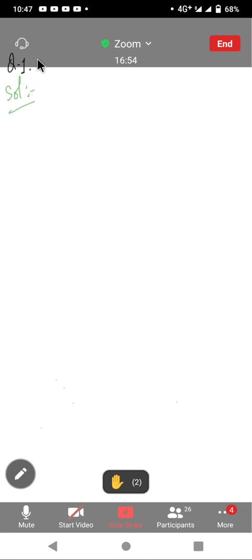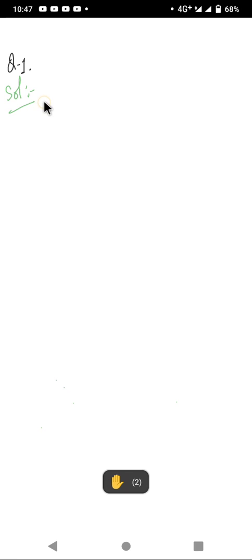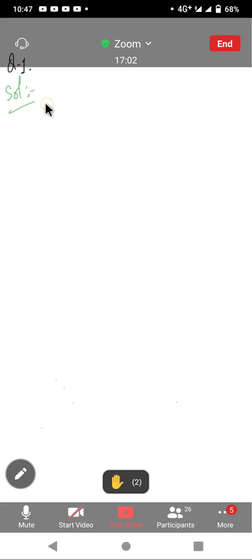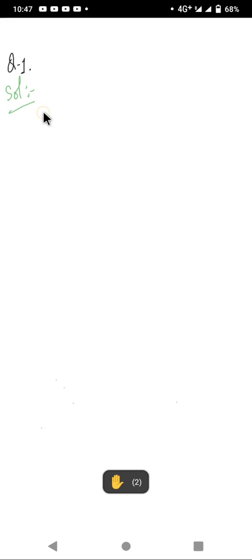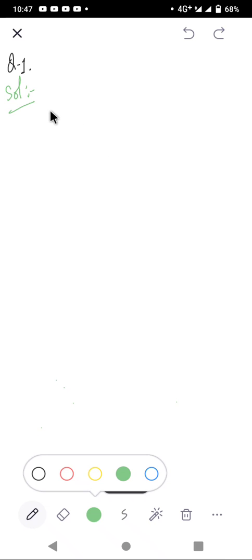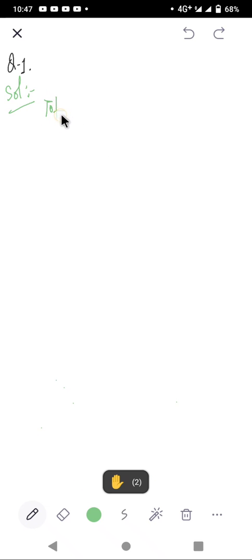So first we will write the total number of cards. How many? 65 cards. They need to make 65 cards for their teachers. So far how many they have made? 42 cards.